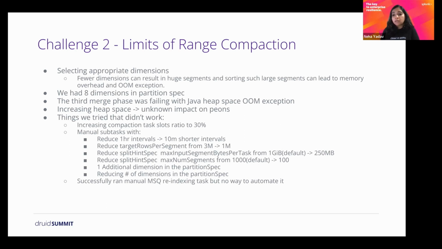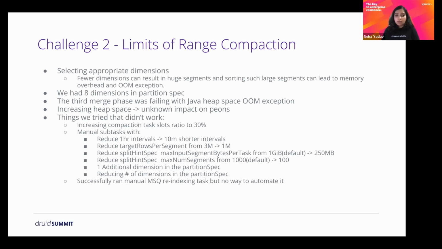We then started tuning our partition spec a little bit. We added one additional dimension to our partition spec, but that did not make any difference, and the manual compaction tasks were still failing.